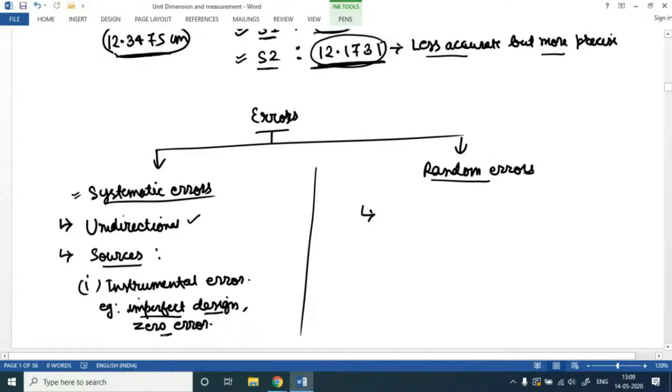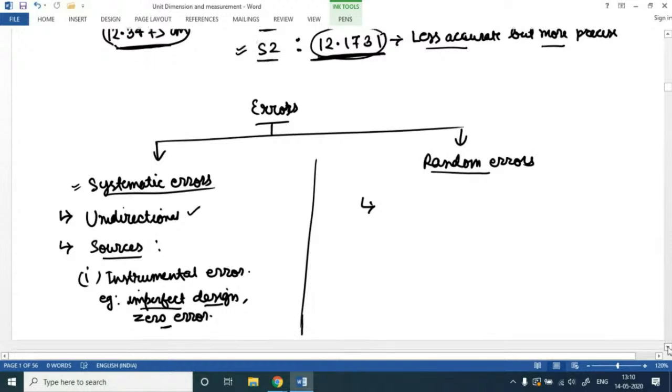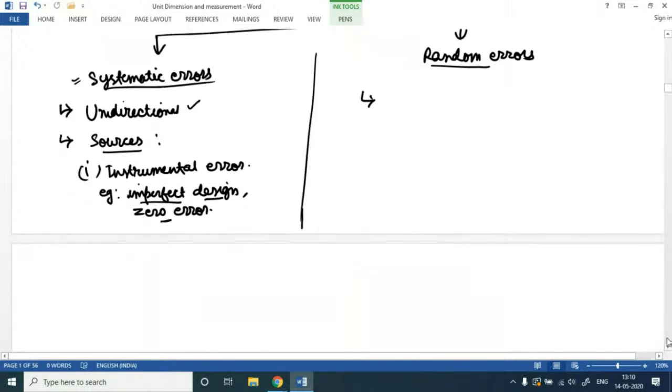We can have positive zero error, we can have negative zero error. So if we are having a positive zero error associated with the instrument, we will always be getting a positive error in the measurement.